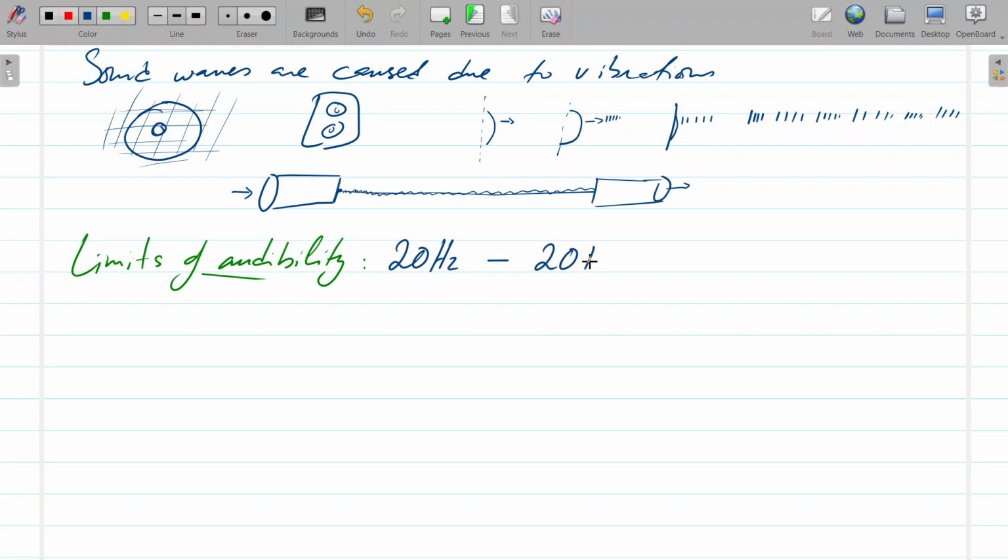That is the upper limit. So obviously the lower limit and the upper limit. This is the limit of audibility. Anything below 20 hertz or anything above 20,000 hertz, and the human ear cannot detect it. It will not even register that there's some sound that is above 20,000. If it's above 20,000, we can't hear it.